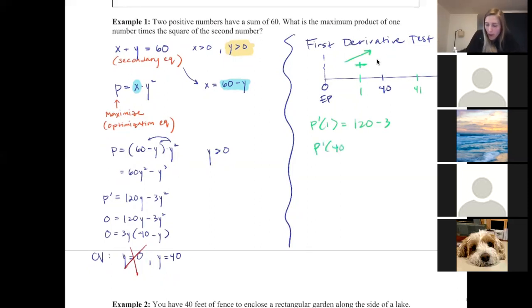And then p prime of 41, not 40. Well, that would be 120 times 41 minus 3 times 41 squared, which I believe is negative. I don't have my calculator near me, but in my notes, it's showing negative.